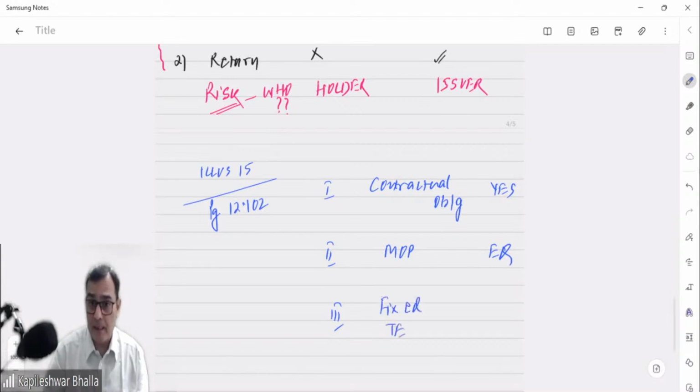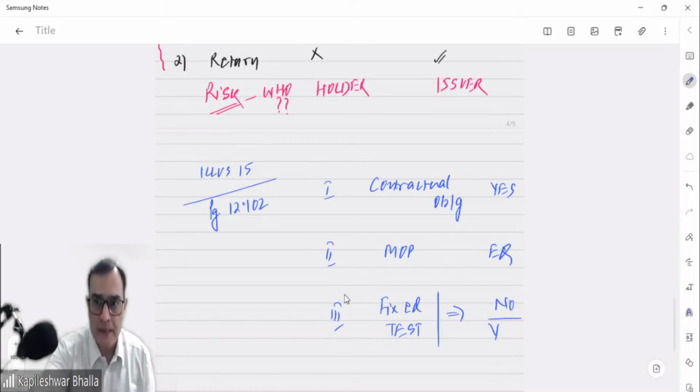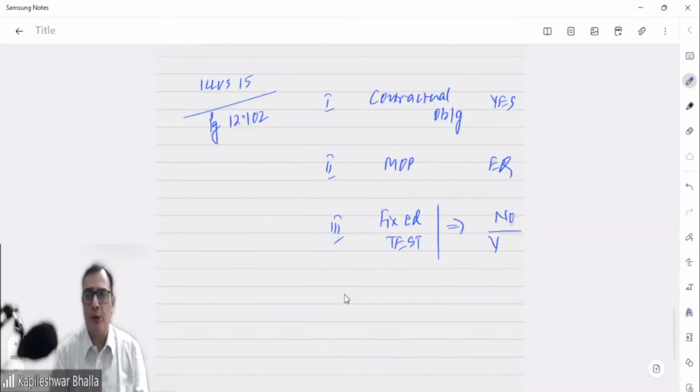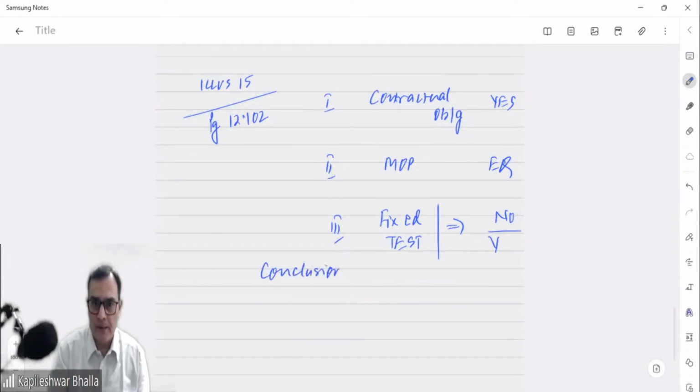When I applied my fixed test, the number of equity shares to be issued is variable in this case. Since the number of equity shares being issued is variable, the conclusion is that it is a financial liability. So this is going to be reflected as a financial liability in the balance sheet of the company.